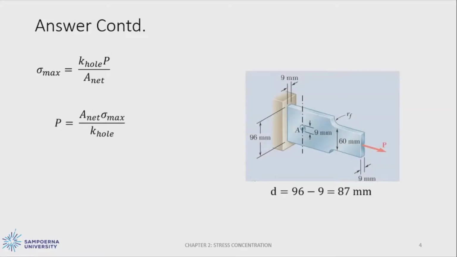And then we need to find the A net in this system, because we have the maximum stress and we have obtained the K hole.